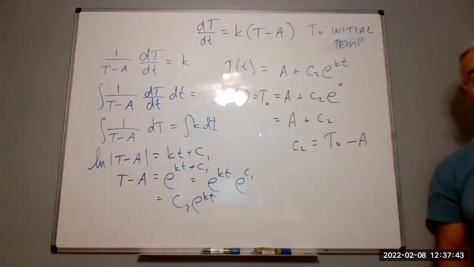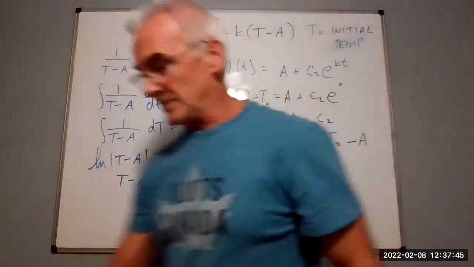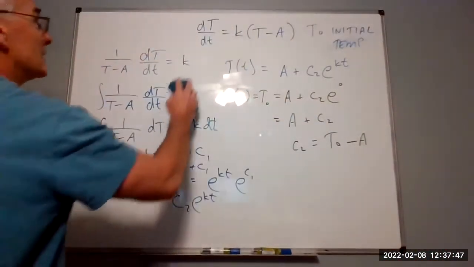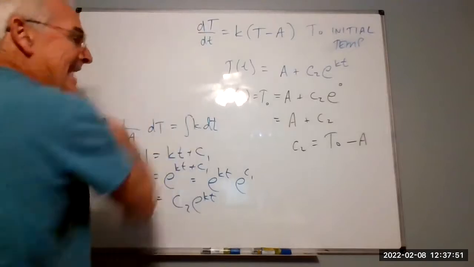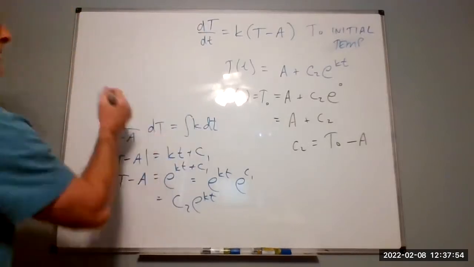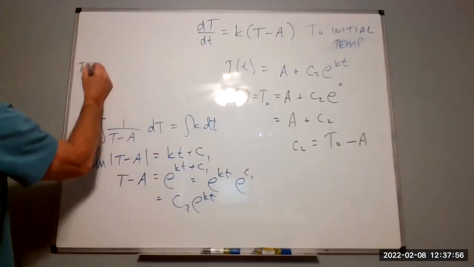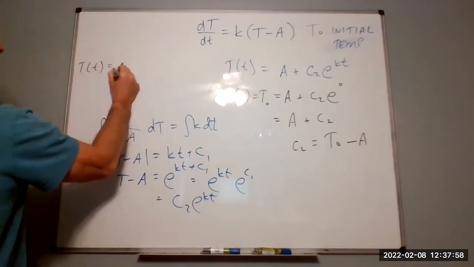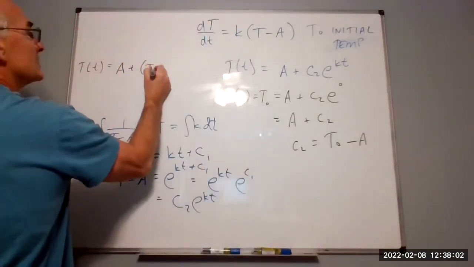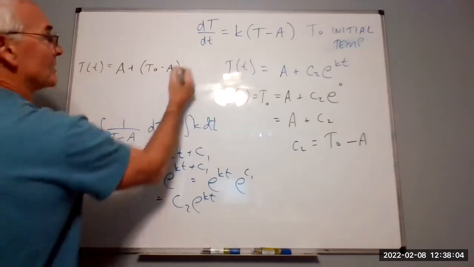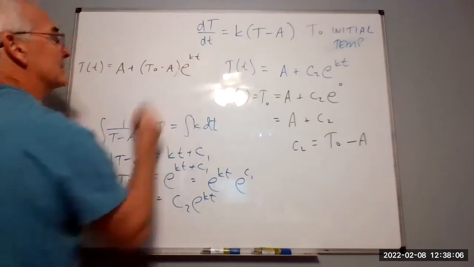Awesome. We're almost there. So let me write down what we do know. With this situation, we now have the temperature at any time is ambient plus T0 minus A, which is just a constant, times e to the kt.